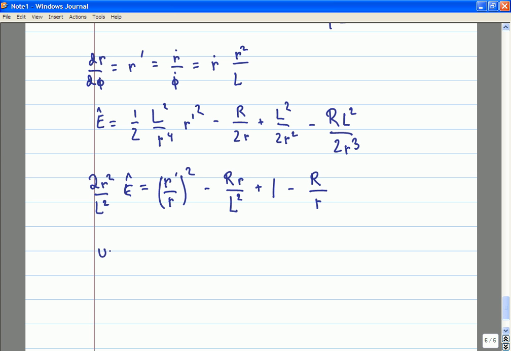So I will let u be a constant times 1 over the radius, where this constant 2L squared over r has been chosen for my future convenience. So in particular, what does this kinetic term r prime over r look like? Well, r prime over r is minus u prime over u.